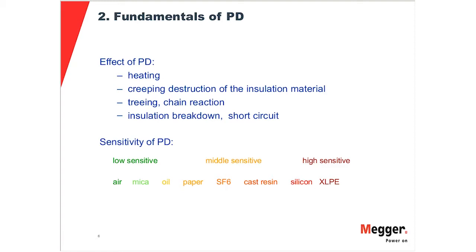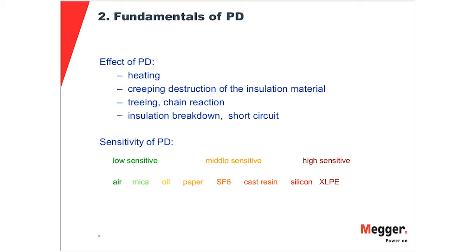You see here sensitivity to partial discharge. Green means it has a rather low sensitivity to partial discharge, which is in particular air and mica, while oil, paper, SF6 and partly cast resin tend to have a medium sensitivity to partial discharge.